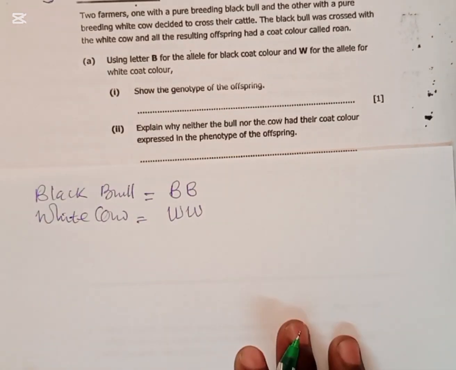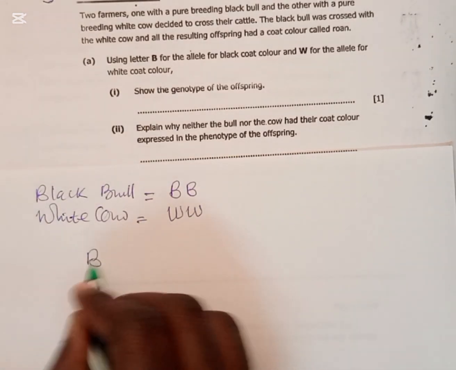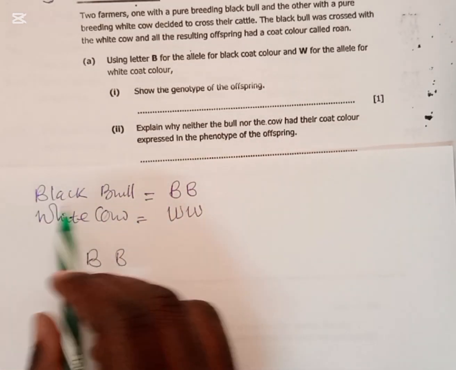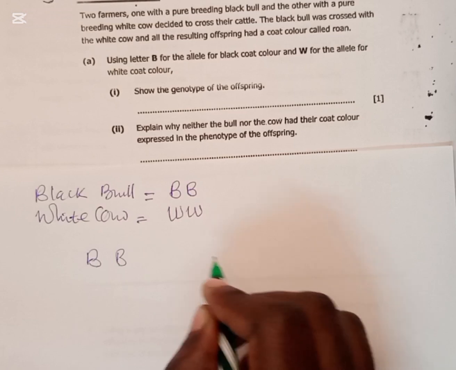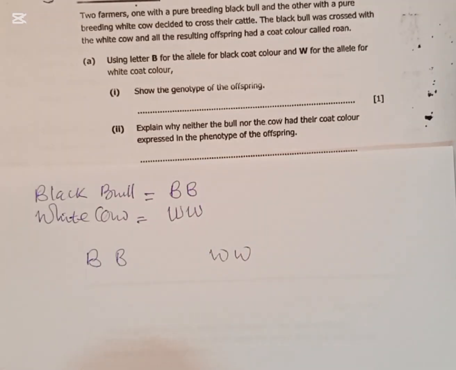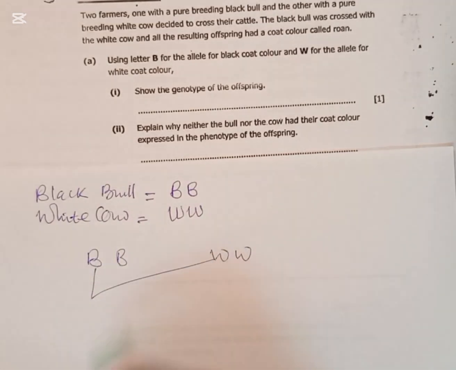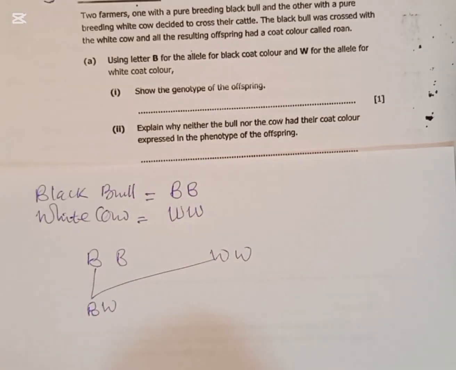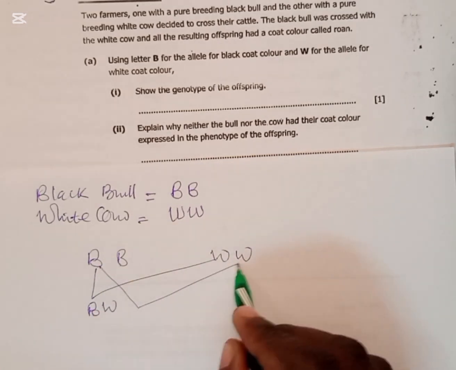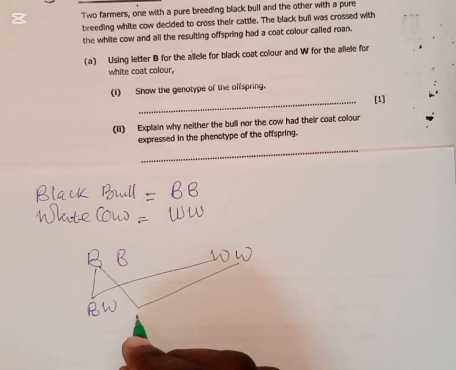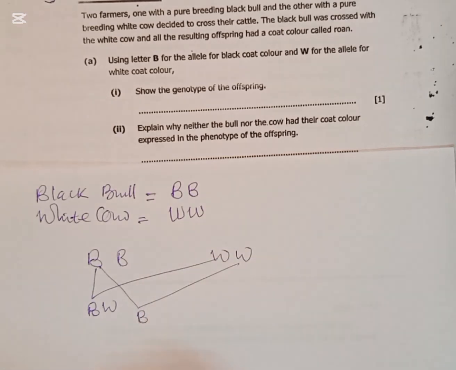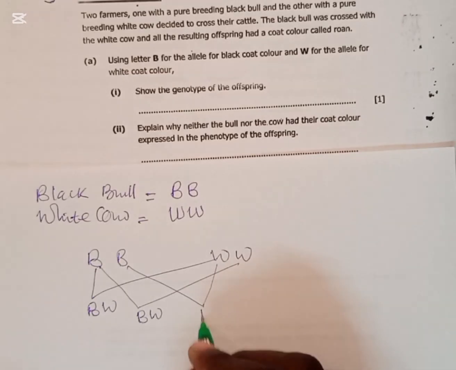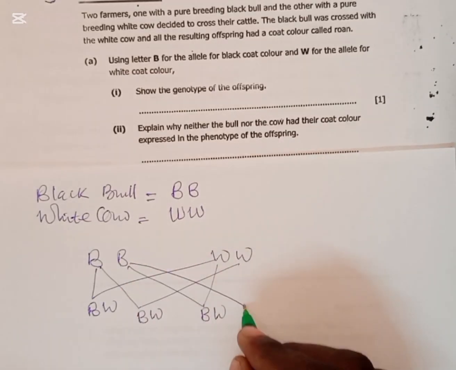So how do we do that? We are going to say B like this for the black bull, and then we also have W for the cow. So this is going to pair with that, or cross with that, and you're going to have capital B and then capital W. This same also is going to cross with that W there. This is going to result in capital B, capital W. You do the same, it's going to give you the same thing.